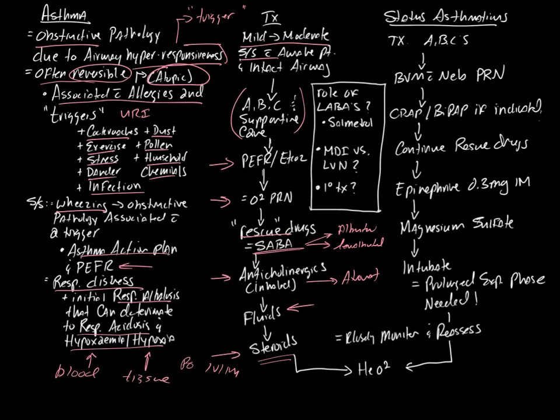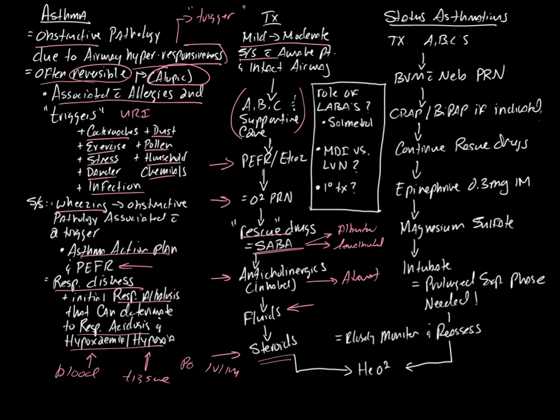It is metabolized through the cyclooxygenase pathway into prostaglandins. And remember, prostaglandins are a class of pro-inflammatory mediators that cause inflammation, right? And the lipooxygenase pathway metabolizes the arachidonic acid into leukotrienes, which are also pro-inflammatory molecules.